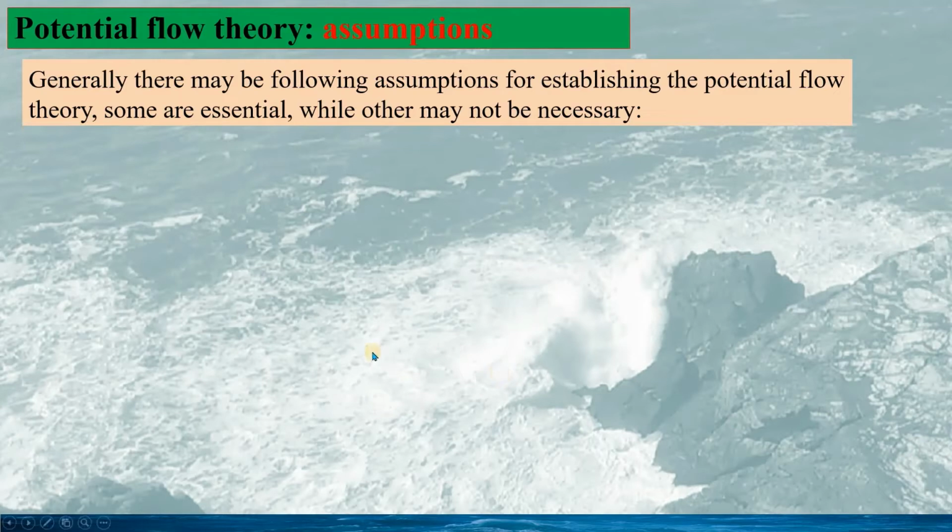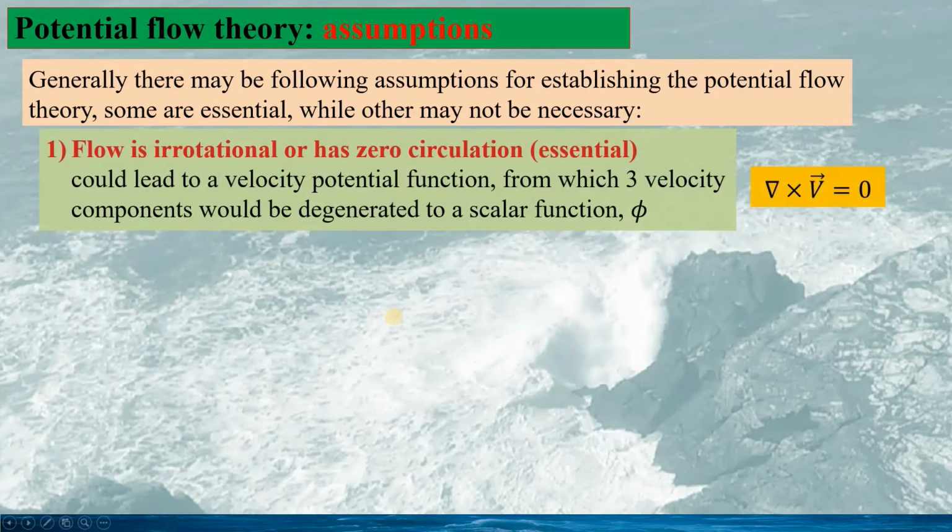Generally, for building the potential flow theory, there are three assumptions. Some are essential, while others might not be necessary, depending on the situation. The first and the most important assumption is that the flow is irrotational, or in other words, the flow has no circulation around any closed curve within the flow.